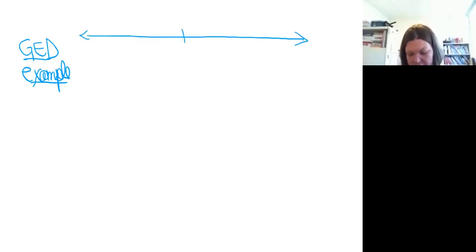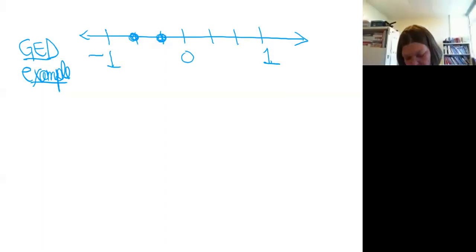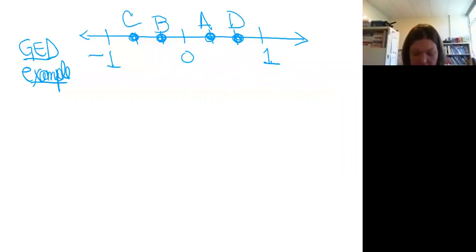Again, we'll have a number line. It'll look almost the same here. It'll have a few points. And it'll be asking you the exact same question. Again, I would like to ask you, how far is each point from 0 on the number line?